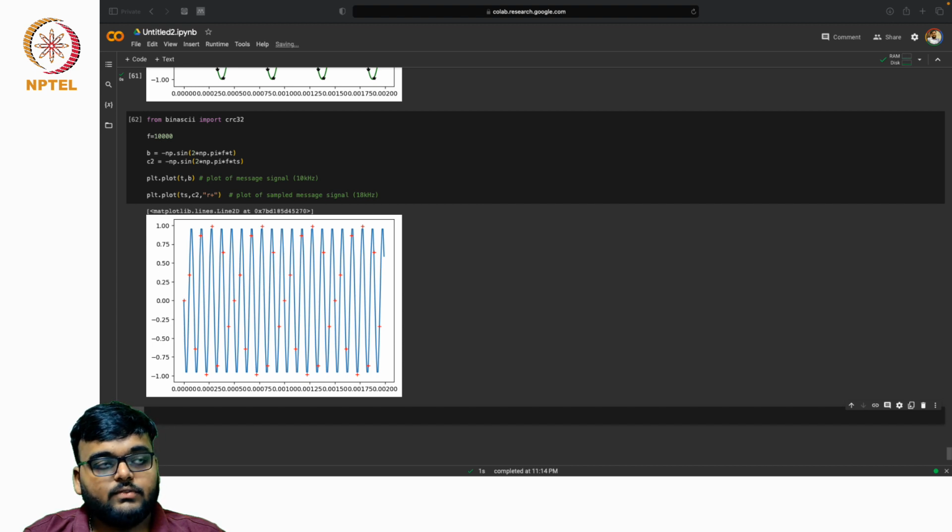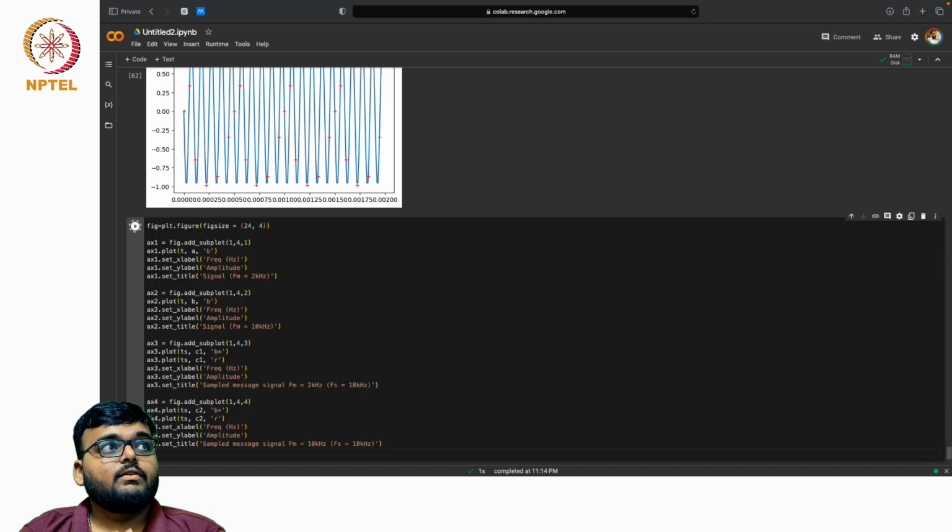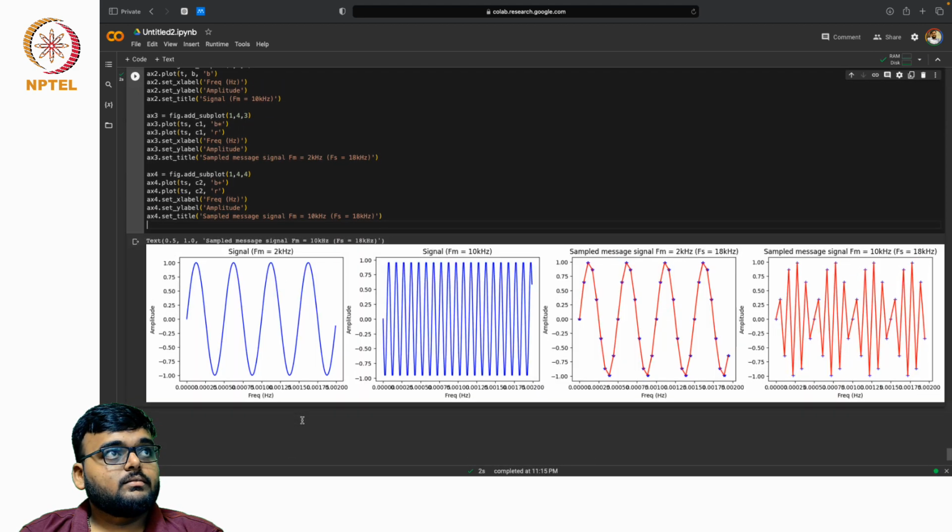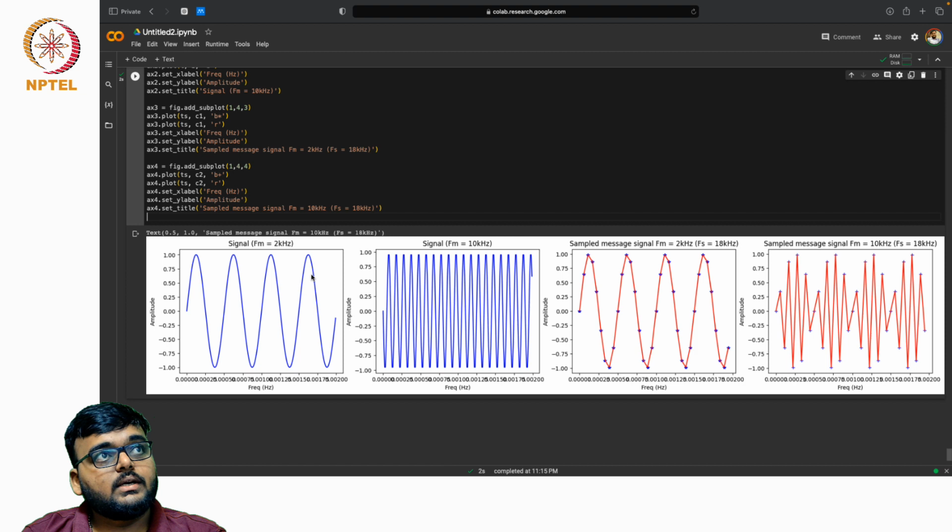If we plot everything together, this is what we will see. This was a 2 kilohertz signal and this was the 10 kilohertz signal. If we sampled at the Nyquist rate, we were able to recover almost the same signal. There are some losses, but almost the same signal. But if we undersampled it, the signal is entirely lost.